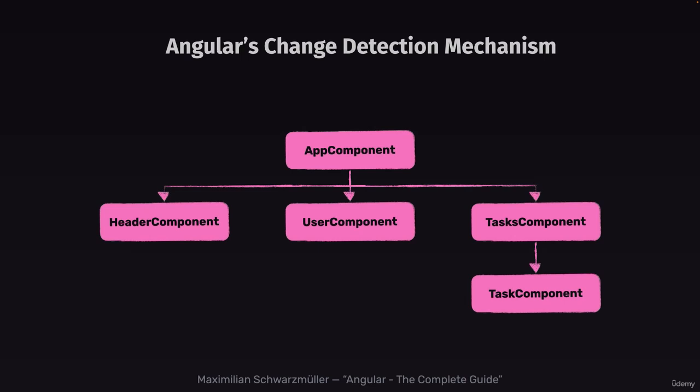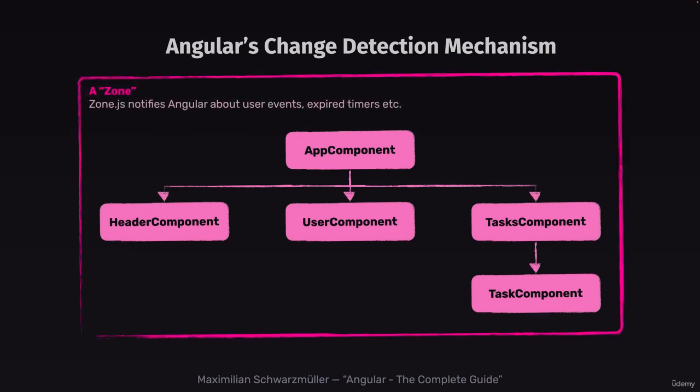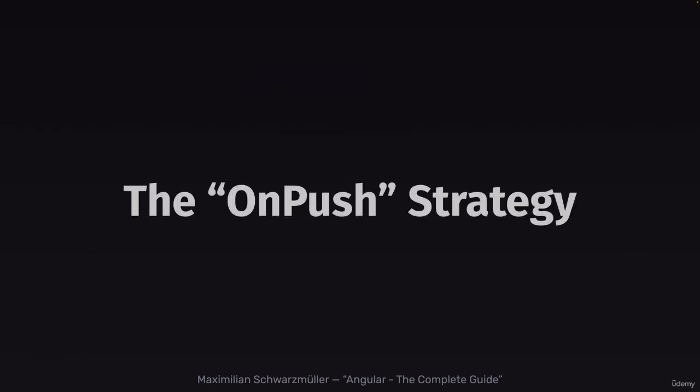Because besides this default strategy, where for every event everything is checked for changes in the entire application, besides this strategy, Angular also has an alternative change detection strategy called the onPush strategy.